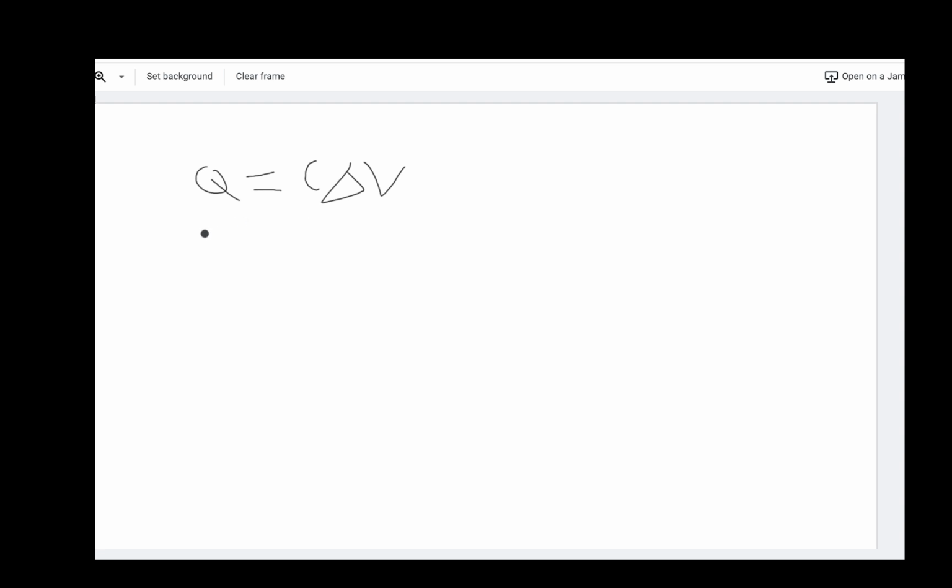But if you want to arrange it, you can say delta V equals Q over C. You could say C equals Q over delta V. And yeah, that is really it for capacitance.